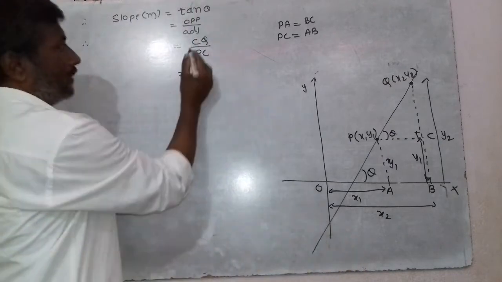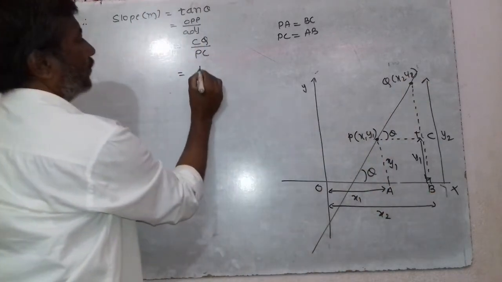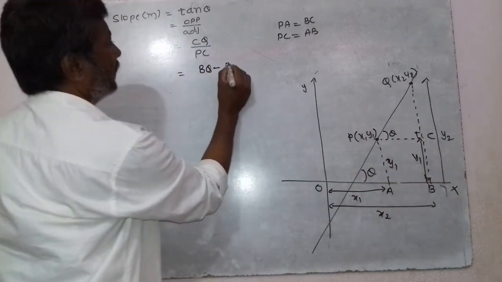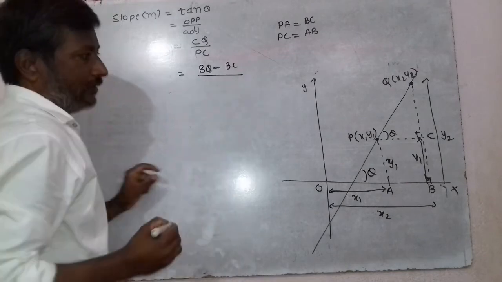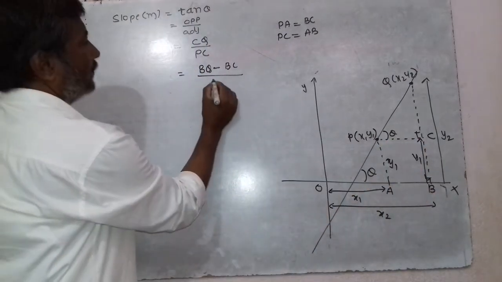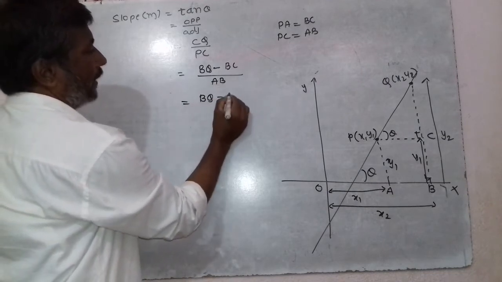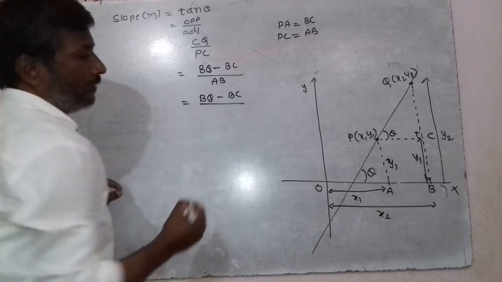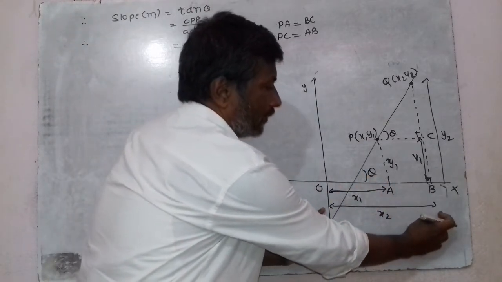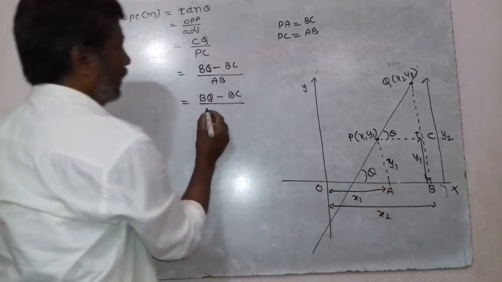So this equals BQ minus BC divided by PC, which equals AB. That is, BQ minus BC divided by AB, or OB minus OA.